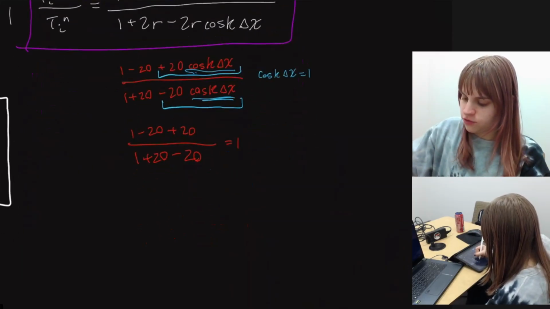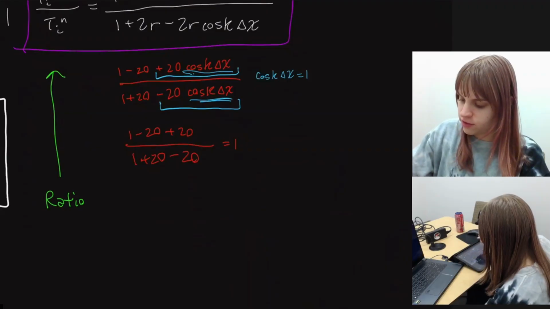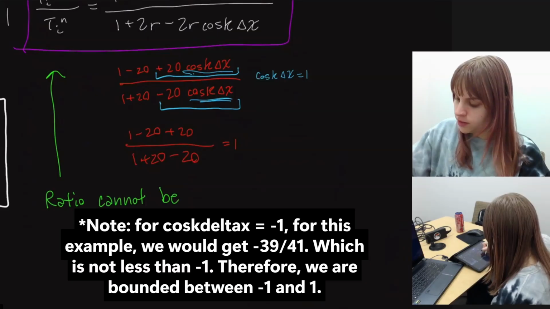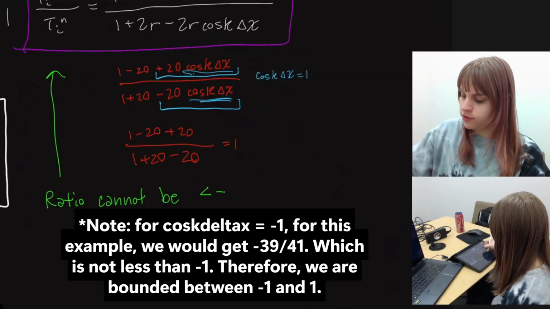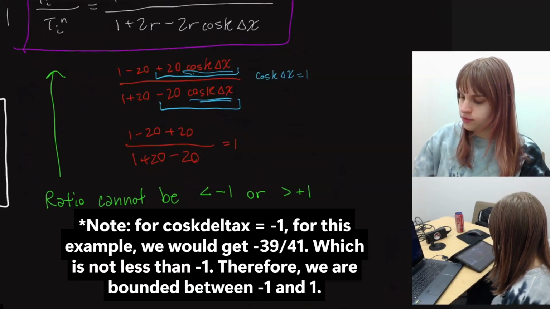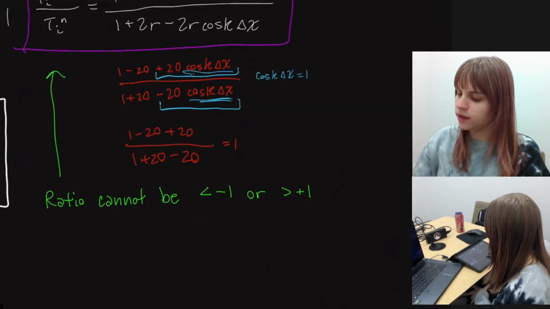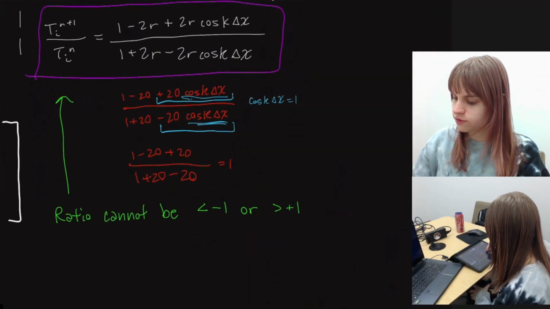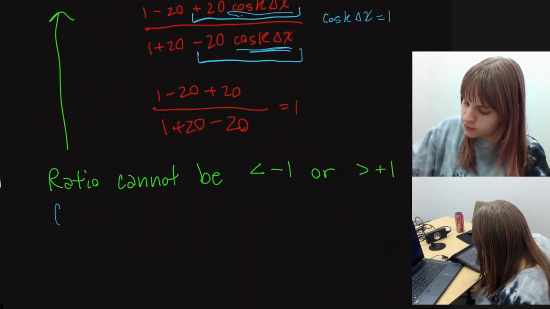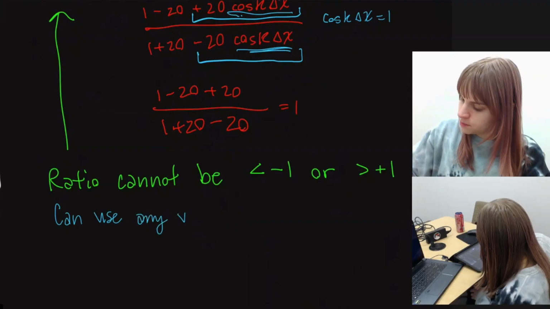So basically the ratio cannot be less than negative 1 or greater than positive 1, which would cause instability. And because it can't exceed those, we know that we can use any value of r.